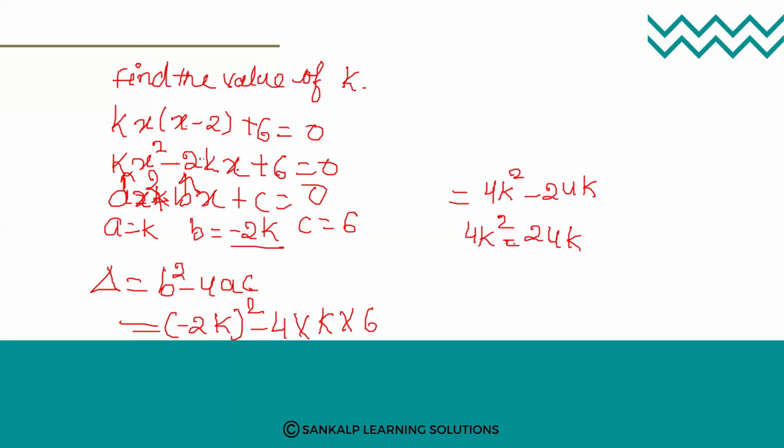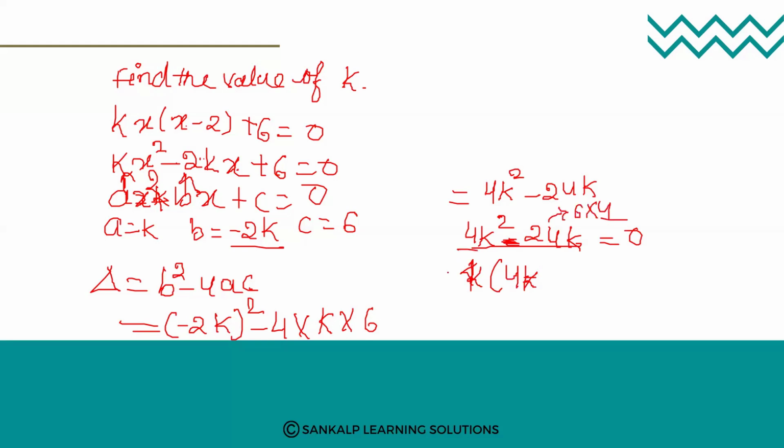Or else, before transferring, let us keep it like this. Now, between these two, which one is common? So k term is common. So k I will take out, 4k square minus 24k. 4 is also common, 6 fours are 24.